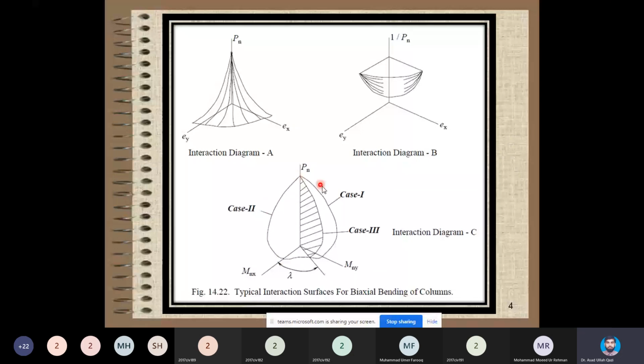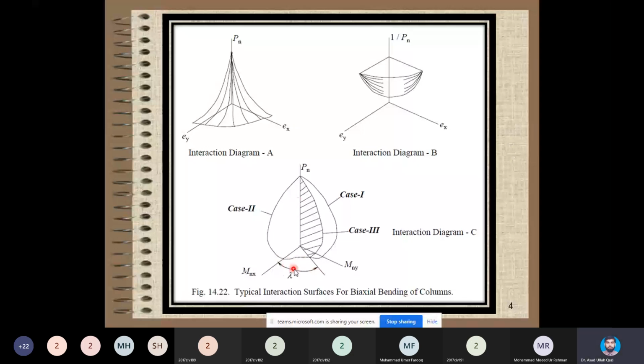But if both are present, then like a longitude, there is a curve present at any angle lambda from the Mnx moment axis, and I will have different slices.